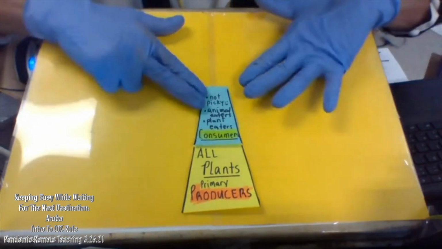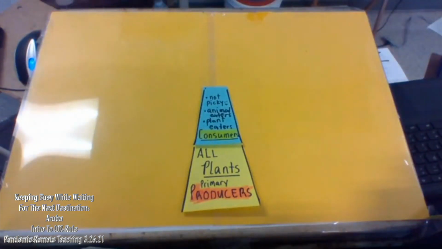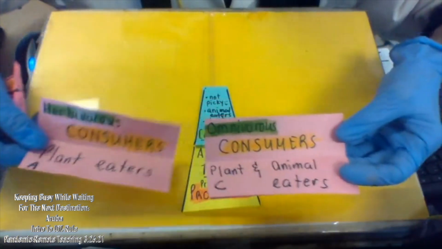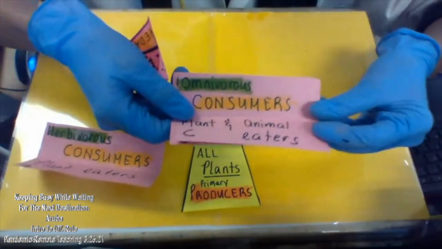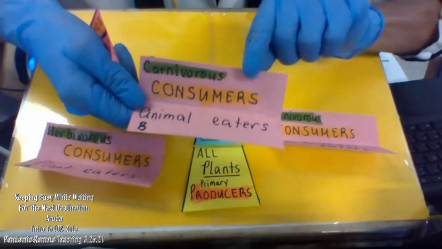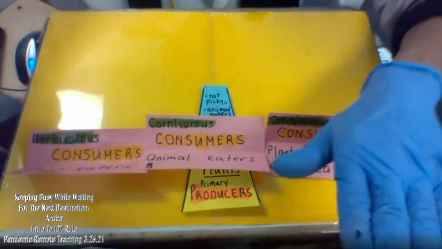These are the consumers. In our lesson in the past, these are the plant eaters, the plant and animal eaters, and the animal eaters. There are different kinds of consumers. So there is food for everybody.